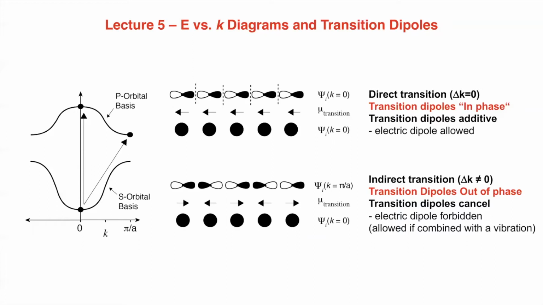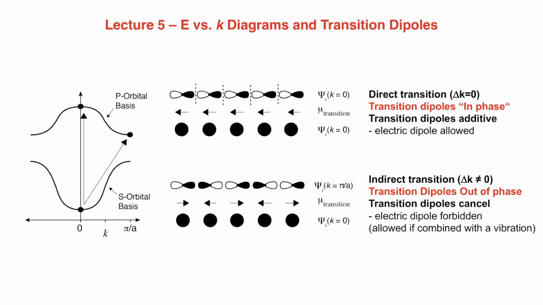A photon comes into the semiconductor that has an oscillating electric field, and if that electric field can couple to charge motion, then it will be absorbed. So people talk about the transition dipole moment as a measure of how much the ground and excited state that you're considering change in charge.